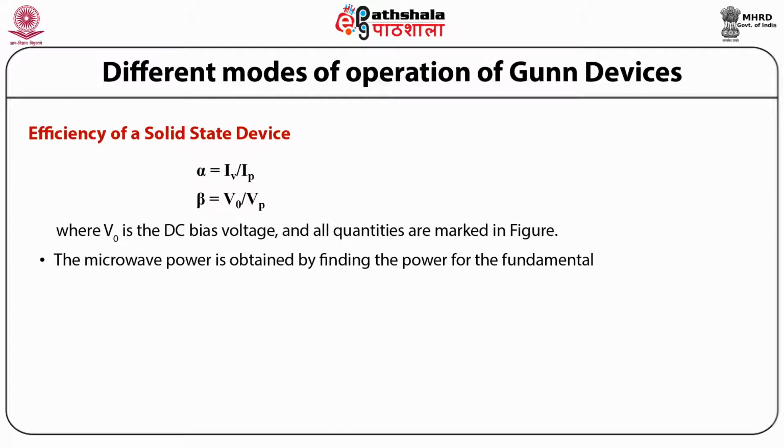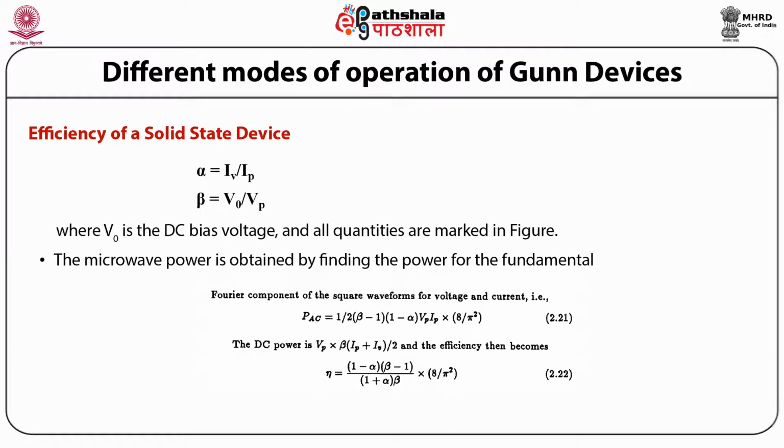Now let us discuss the Fourier component of the square waveforms for the voltage and the current, that is P_AC equal to half multiplied by (beta minus 1) multiplied by (1 minus alpha) V_P I_P multiplied by 8 by pi squared, and the DC power is V_P multiplied by beta multiplied by (I_P plus I_V) by 2, and the efficiency then becomes eta equal to (1 minus alpha) multiplied by (beta minus 1) divided by (1 plus alpha) multiplied by beta, multiplied by 8 by pi squared.